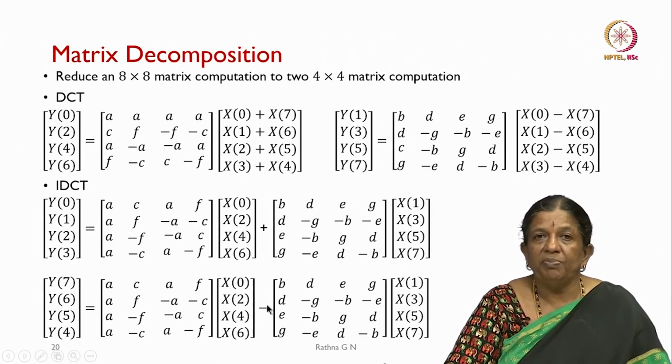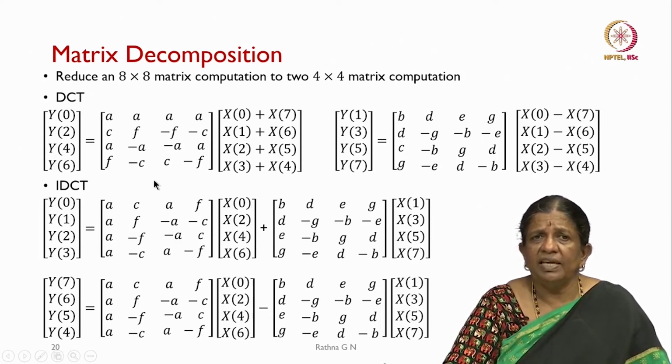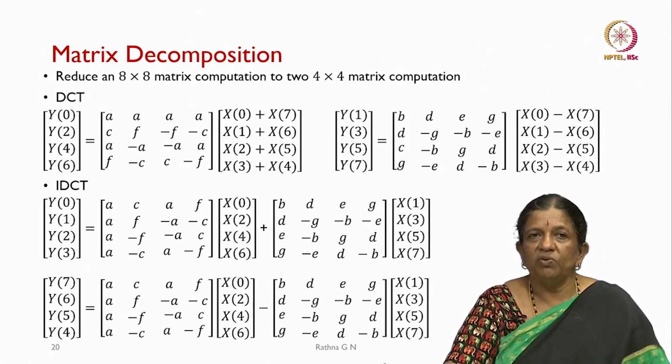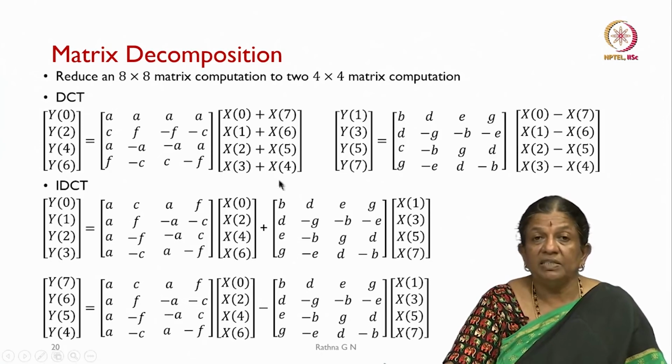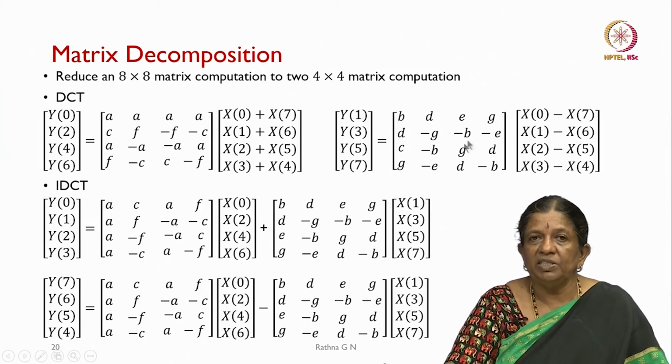So, how are we going to represent this in matrix form? One of the famous forms is what they call the ACF and BDEG coefficients form to put it in FPGA. You can use the butterfly structure, which I will be showing last, otherwise most FPGA implementations use this format. That is, instead of X0, the output will be y0, y2, y4, y6.